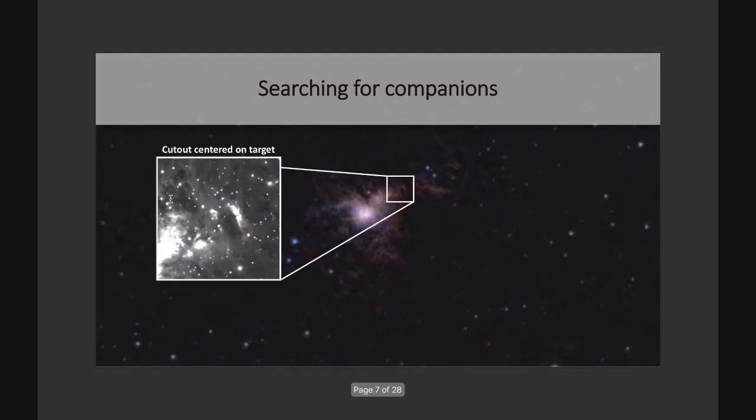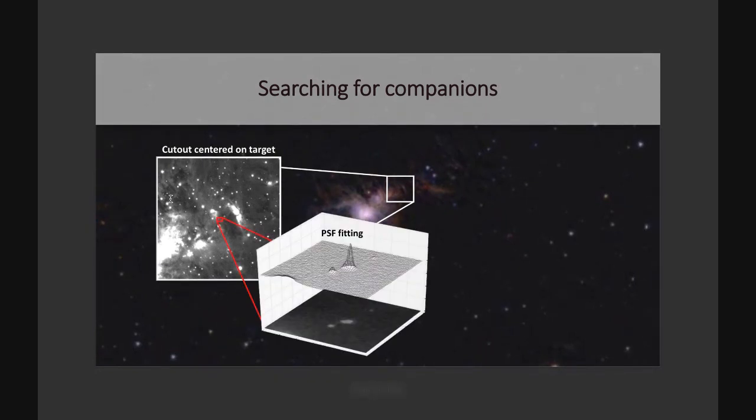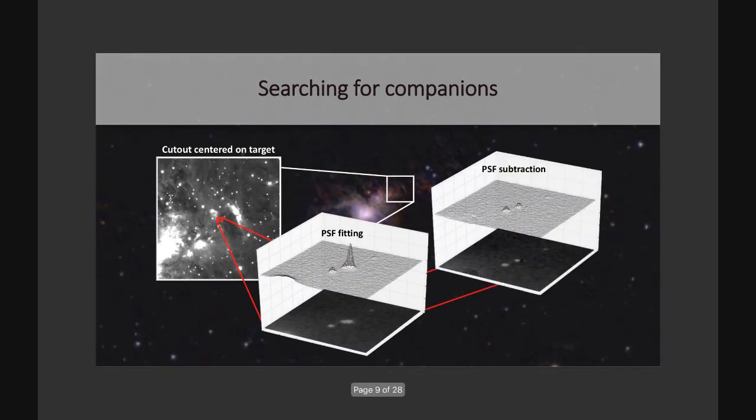So first of all, we look at each single YSO, do PSF fitting and PSF subtraction, and hopefully in the end are left with something that we can identify as a companion candidate. As I said, we don't really know if this is really a companion or not. It just appears as a companion, but I'll come to that later.